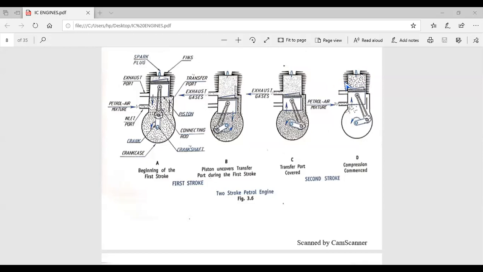Due to the burning of the air and petrol mixture, the piston moves in the downward direction. Remember, all of you, the reciprocating motion of the piston is converted into rotary or circular motion of the crank through the connecting rod.